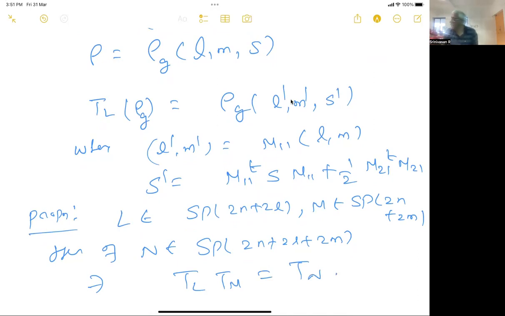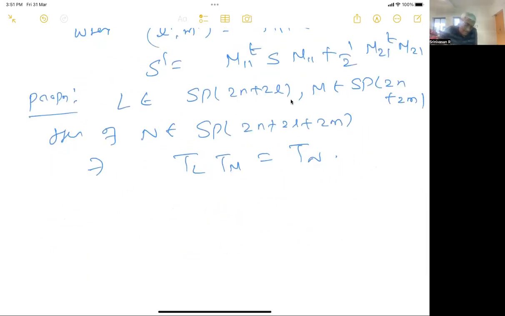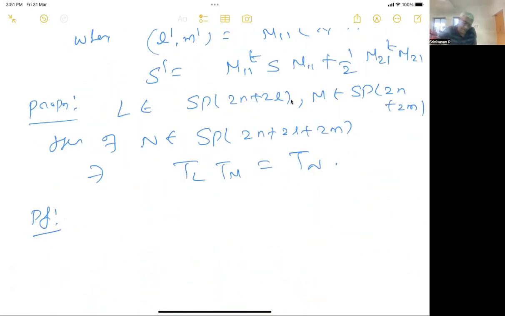That's all. So you can compose two symplectic maps, but it will not be just matrix multiplication. You have to do an amplification and then multiply. It is exactly that proof. But the point is you have to do it for the inverse, because it is the inverse which is acting there.